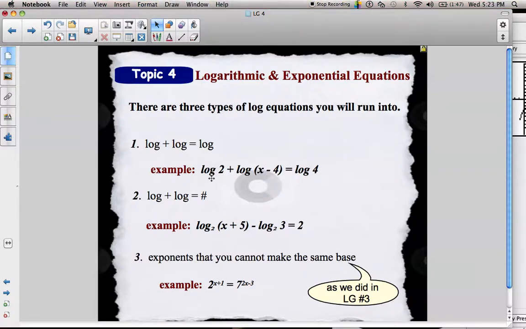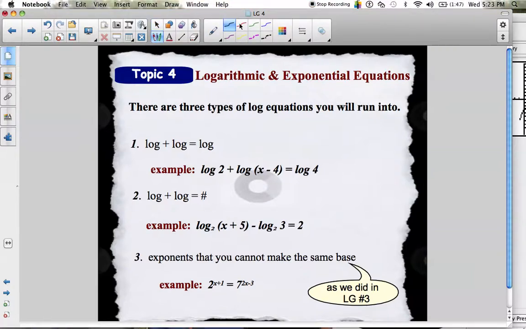So here's an example. Log 2 plus log (x - 4) equals log 4. So you can notice that there is a log, and a log. All right, so that's one example.